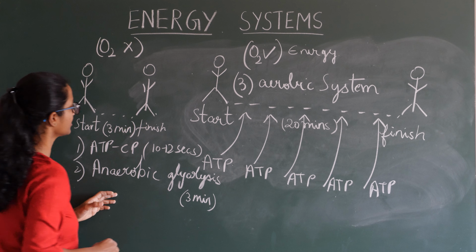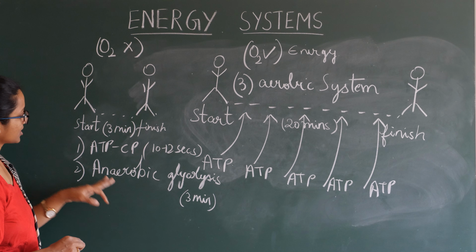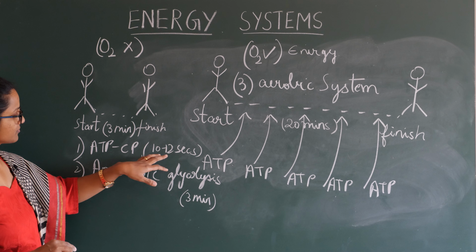So here he was using energy in the absence of oxygen, which is anaerobic glycolysis and the ATP-CP or the phosphagen system.